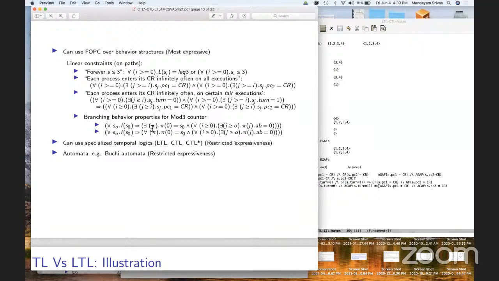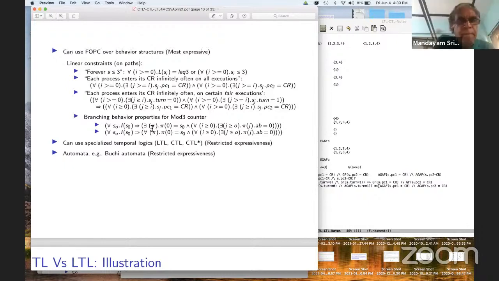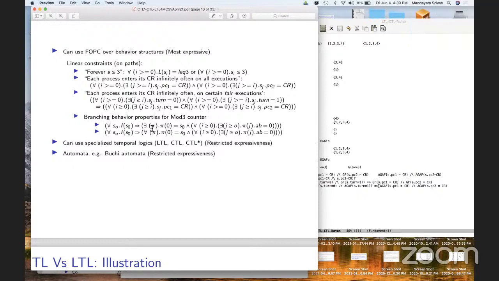There exists a path whose first state is S0. Correct. Yeah, but that is the initial state, so you could leave it because that is implicit in the model checking, no? Yeah.